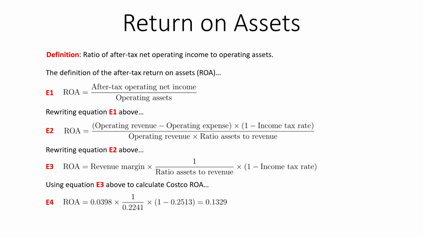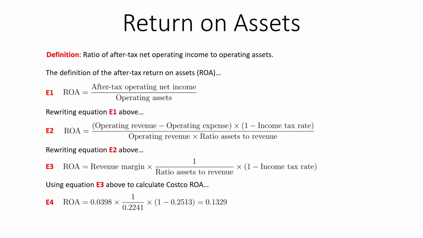And then what we want to do is rewrite equation E1 and give it some more detail. After-tax operating net income would be operating revenue minus operating expense times 1 minus the income tax rate. Once I have pre-tax income, the question is how much is after tax? What percentage of that is after tax?